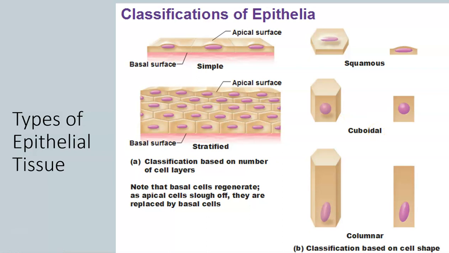I drew a simple cuboidal epithelial tissue. And if it's more of a column shape, really long and skinny, it's going to be called simple columnar. If you've got multiple layers, it's going to be called stratified squamous, stratified cuboidal, stratified columnar.